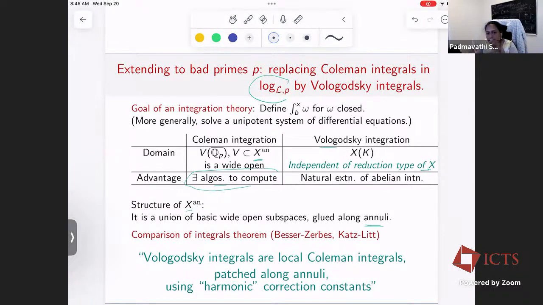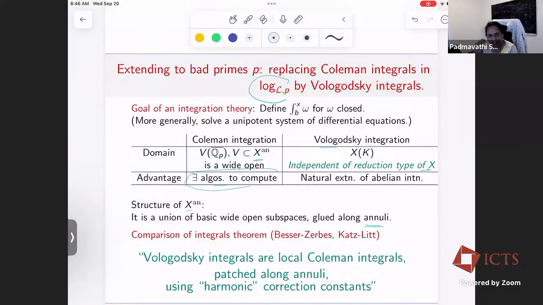But you might have possibly different Coleman integrals on these different subdomains, and you need some way of patching them together correctly. And the patching conditions come from a certain kind of harmonicity formula. So there's this recent comparison of iterated Coleman integrals with iterated Vologodsky integrals due to Eric Katz and Daniel Litt. This generalizes earlier work of Amnon Besser and Sarah Zerbes for single integrals.